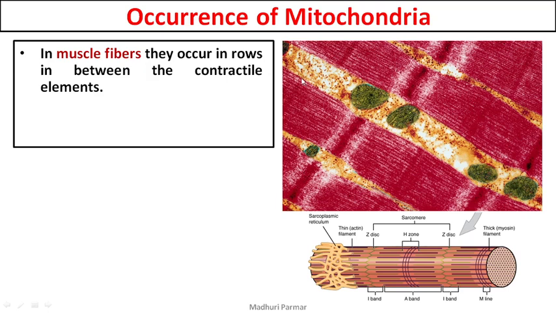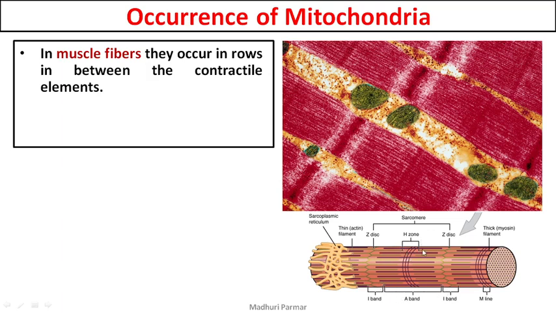Whatever red colored bands you see are what you might have learned in the chapter on locomotion and movement. Do you remember that there are A bands, then I bands? The I band is where the thick filaments are absent, and the A band is where thick and thin filaments are present.